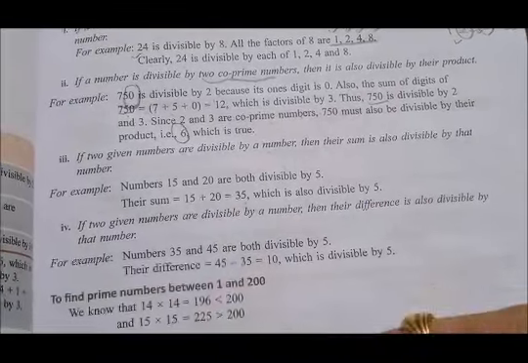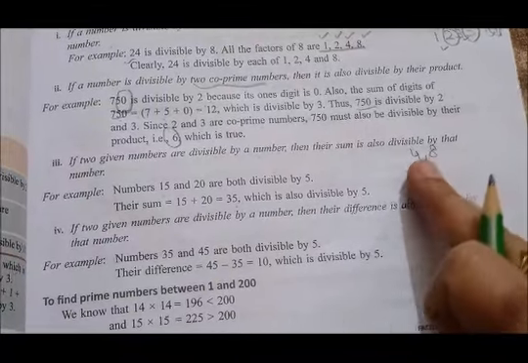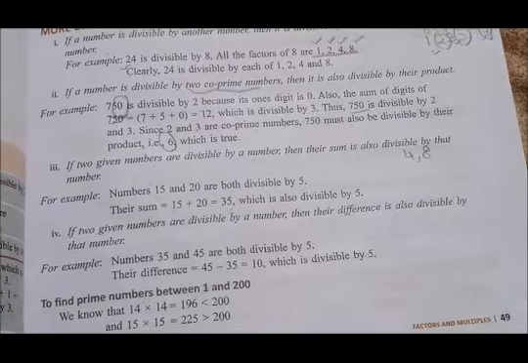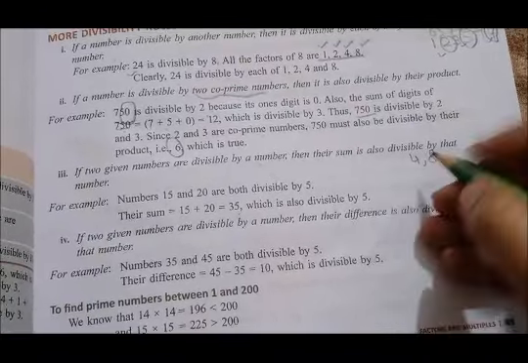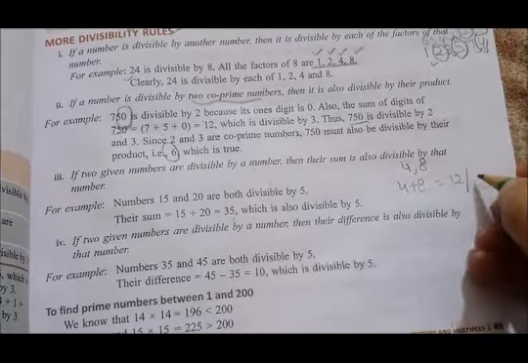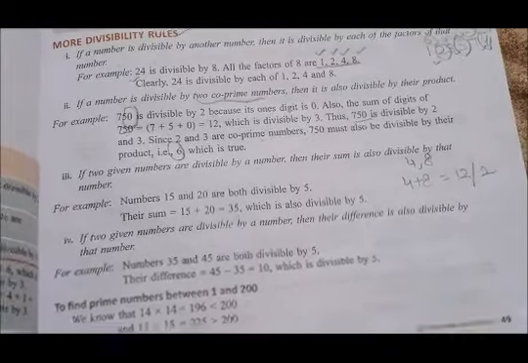Now we take one more example. Suppose I take 4 and 8. They both are divisible by 2. Now if I take their sum, 4 plus 8 is 12. That is also divisible by 2. This is explained in this rule.